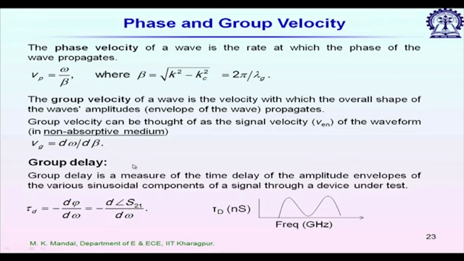It can be defined for any given channel, or for any two port network. Let us say we have a two port network, and we are transmitting a signal from port 1 to port 2. My receiver is placed at port 2, and I am measuring the time delay taken by different frequency components to reach port 2.